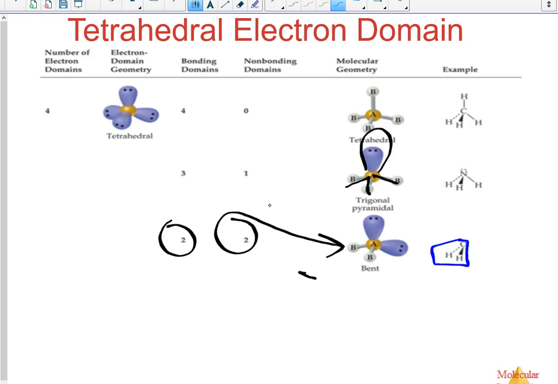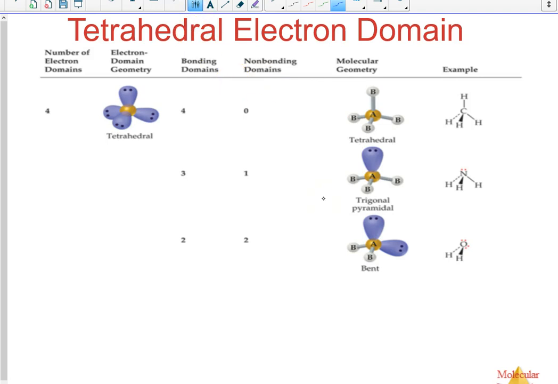All right, tetrahedral. Tetrahedral, the number of electron domains is 4. All right. If they're all bonding, then your structure is the same as your electron domain geometry. Okay, that's true for all of them. If everything is bonded, then you're going to match the electron domain.